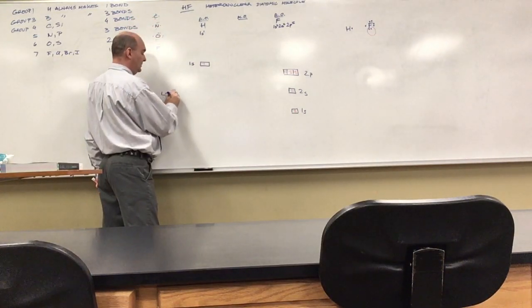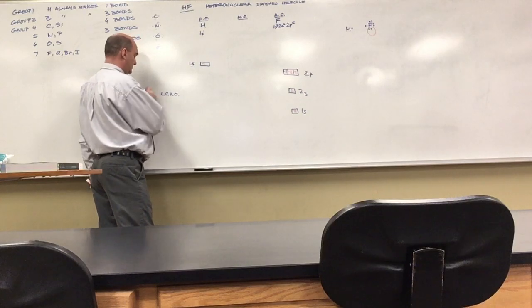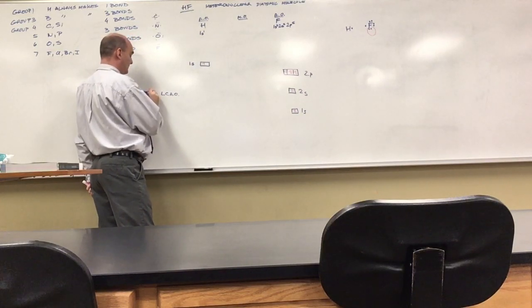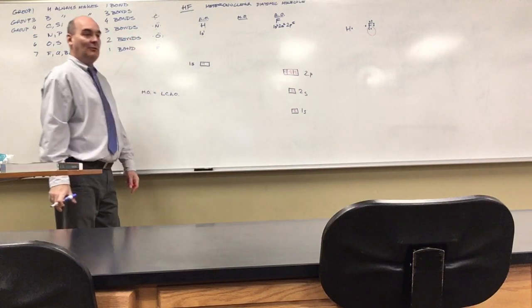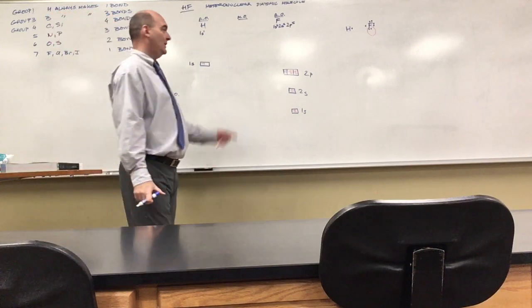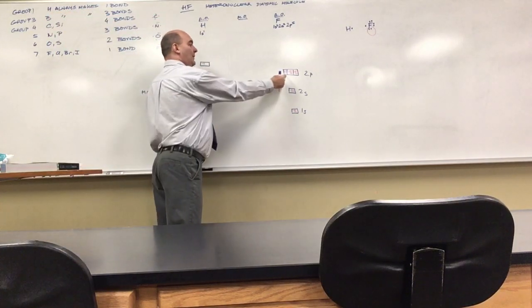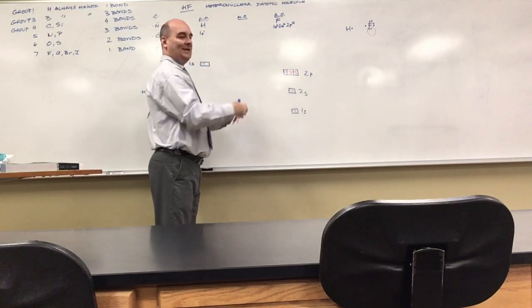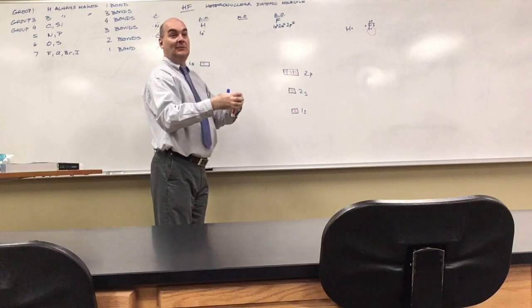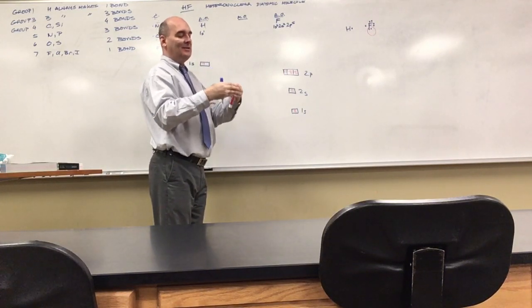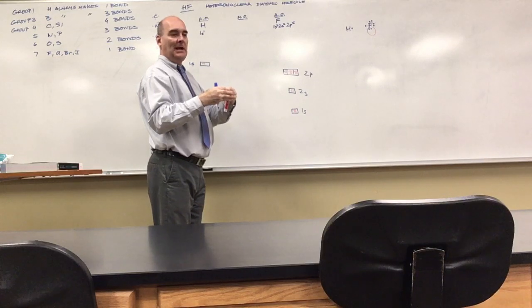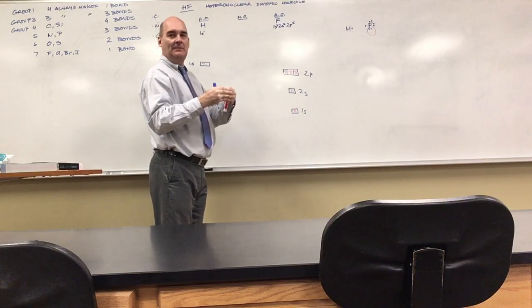Linear combination of atomic orbitals. A molecular orbital is a linear combination of atomic orbitals. If I have this atomic orbital, that atomic orbital, and I blend them into one another, how many molecular orbitals do I make?